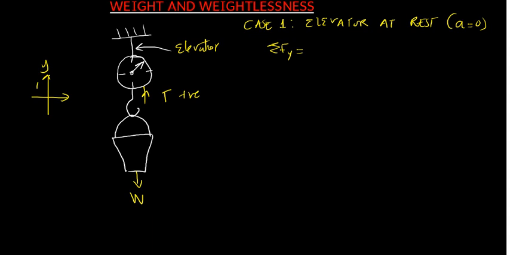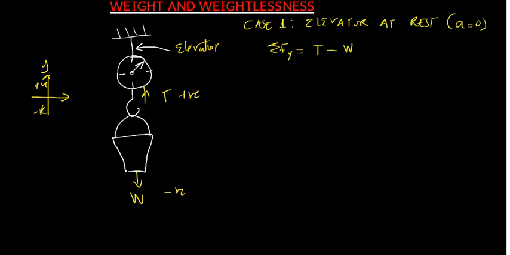This is the positive and this is the negative. So let's consider tension as being positive and the weight being negative. That means the net force in the y, we add what is up and down together with the sign. What is up, we have tension, and what is down, we have weight, but remember it's negative, so it's going to subtract.